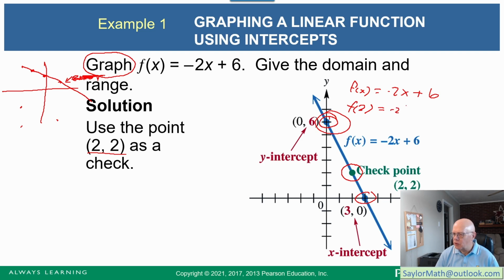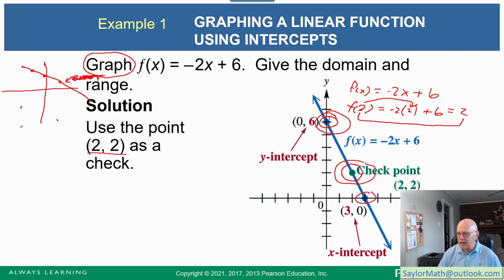So minus 2 times 2, plus 6, and that gives us 2. So this gives us the point 2, 2, which is right there. Since you can see they line up, it's almost a sure thing that this is a good straight line and the correct one.